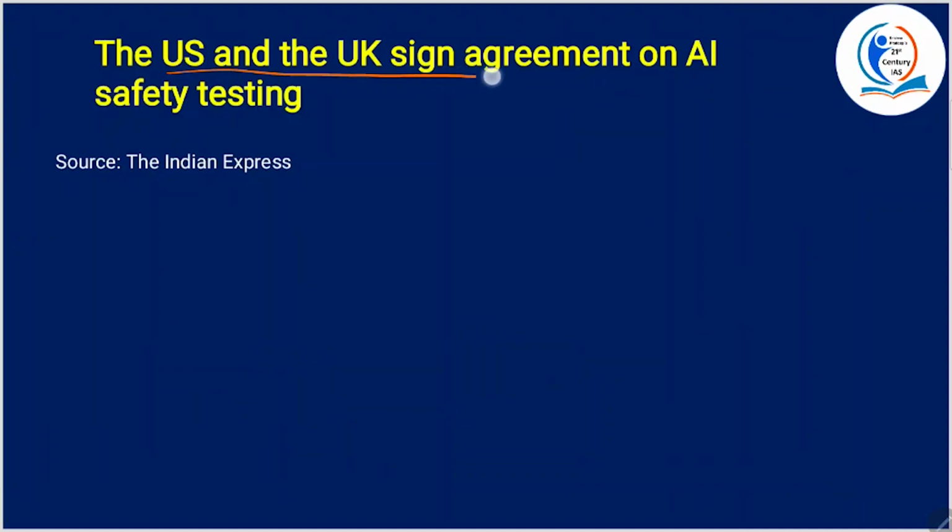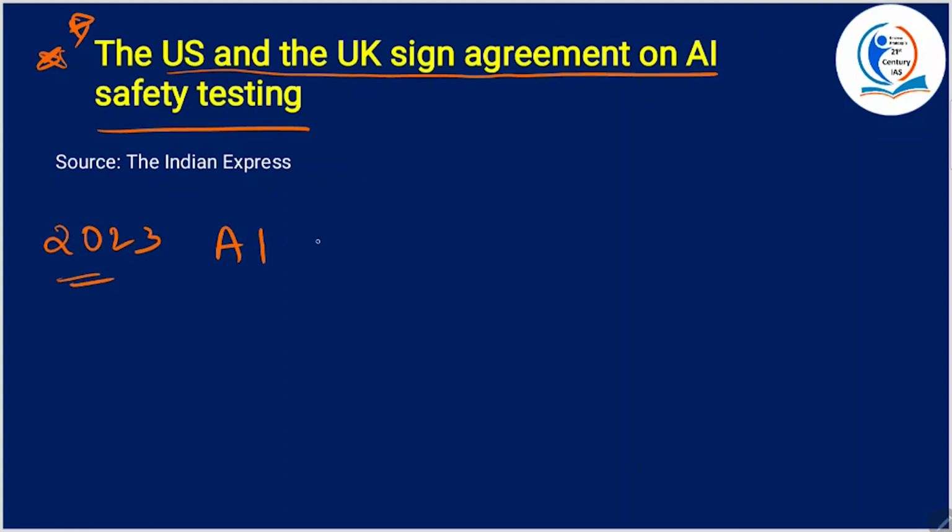The US and the UK signed agreement on AI safety test. So the context is given here. For prelims, you should understand some basics. And what are those? See, last year, that is in 2023, there was an artificial intelligence safety summit held at Bletchley Park in England.